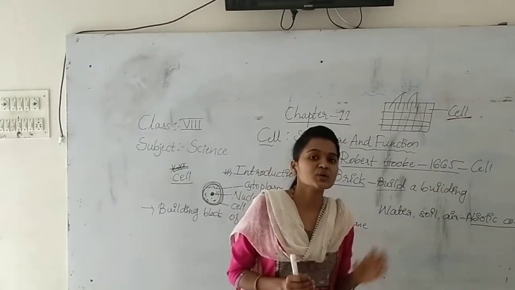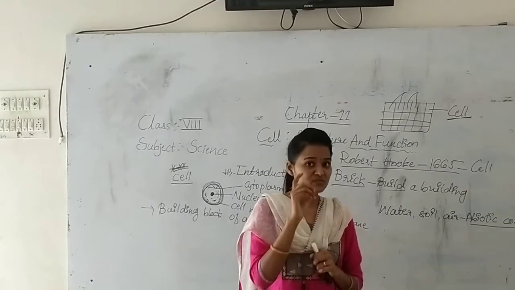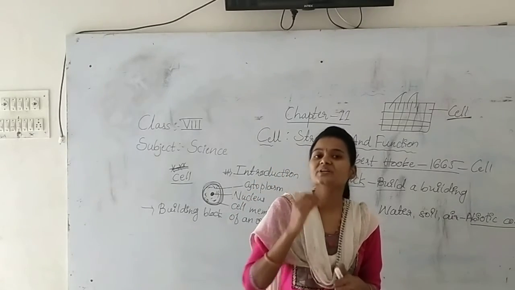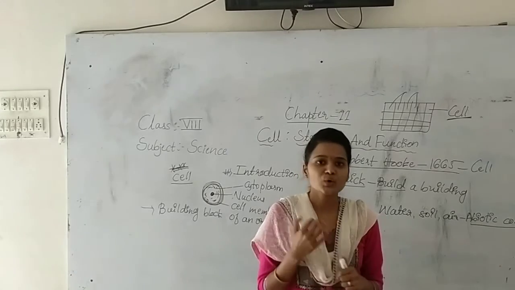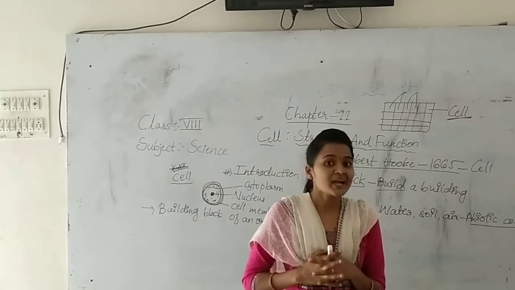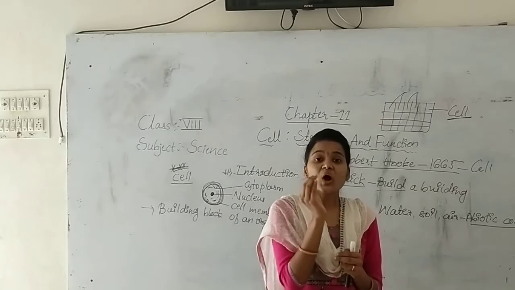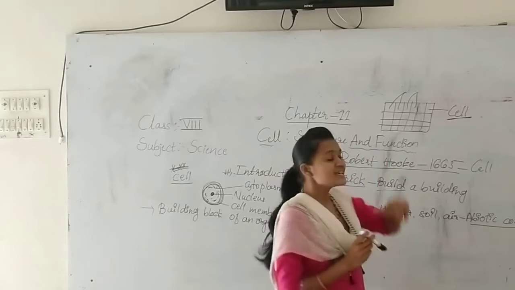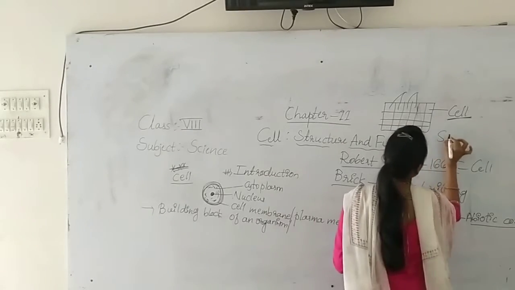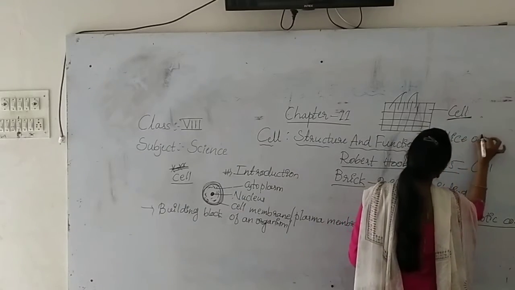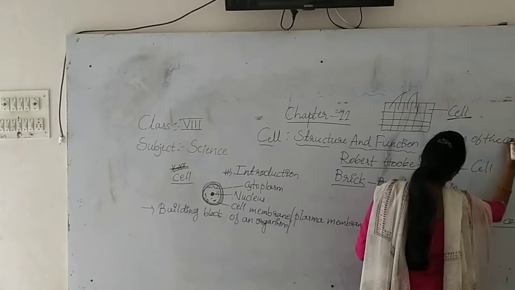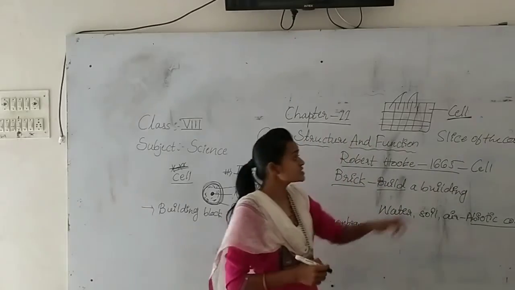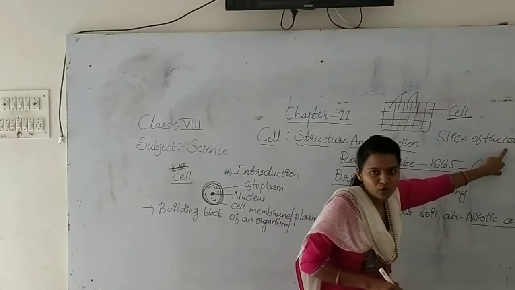Like this, Robert Hooke discovered the cell. One more time, how did he discover the cell? By observing what? We know the bark of a tree. So he observed a slice of cork, which is obtained from the bark of a tree.